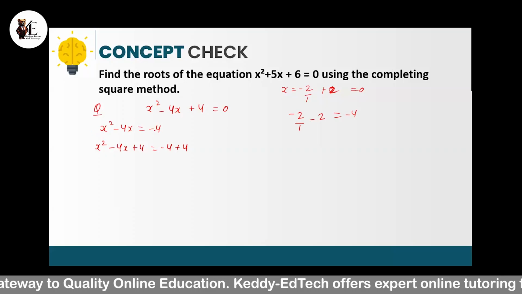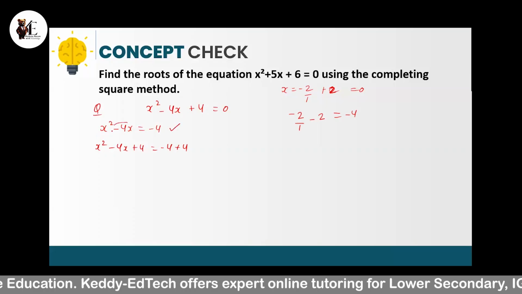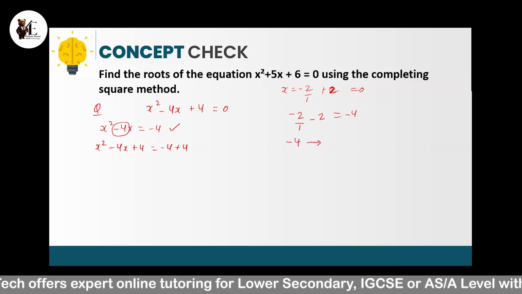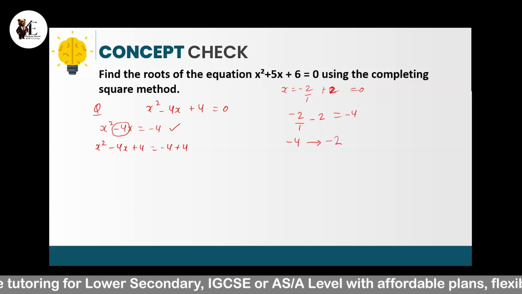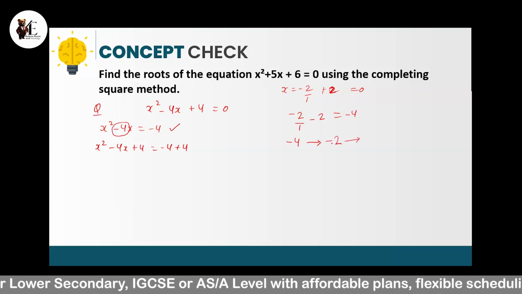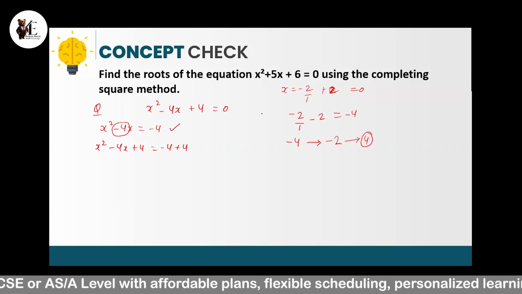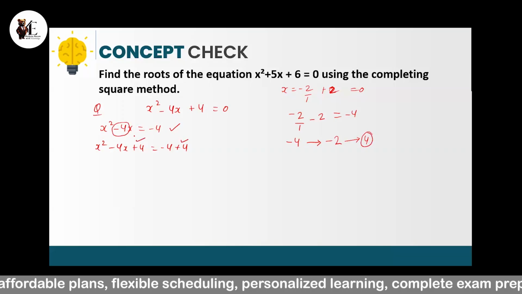No. So the first step will be this. Then you have to write the coefficient of x. So the coefficient of x is negative 4. Then you have to do half of it, so half of negative 4 will be negative 2. Then you have to do the square of it, so negative 2 square will be 4. You have to add 4 on both the sides, so plus 4 and plus 4.